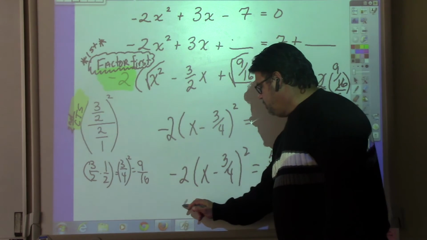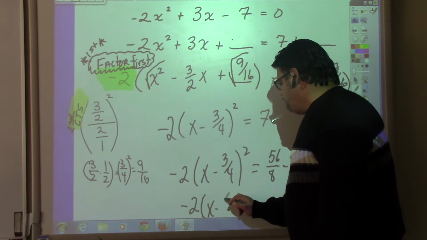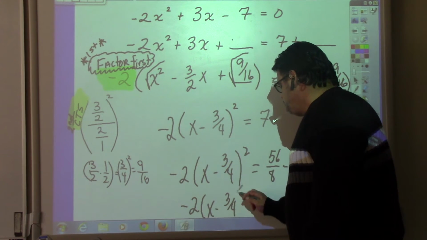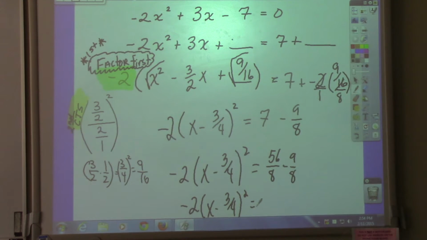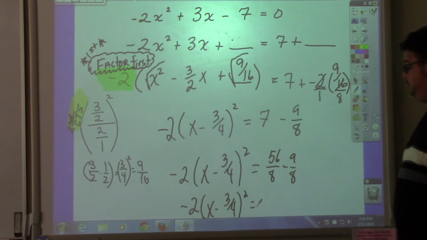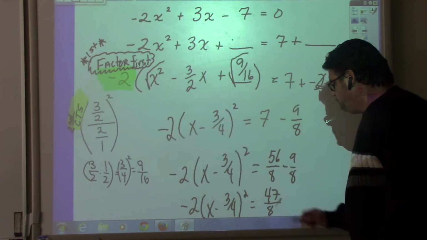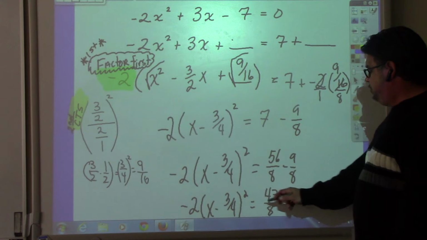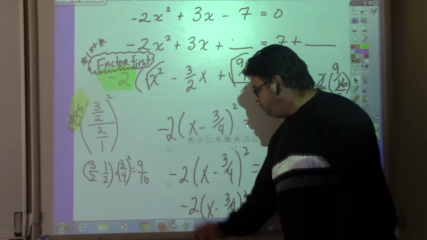So our equation, almost in intercept form, is... 56 minus 9 is what? 47. 47 over 8. So this is what we'll take over to the next page to finish it.